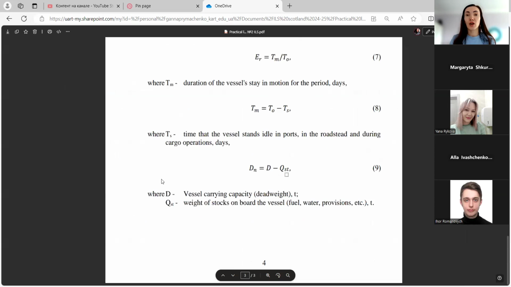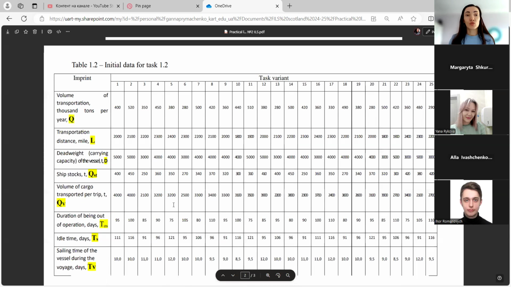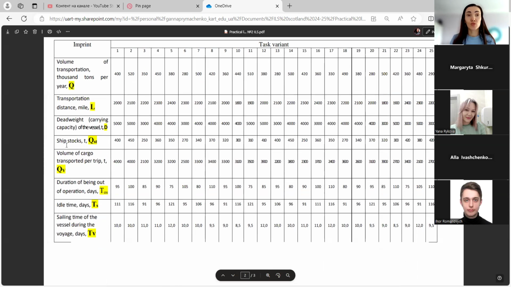Subtracted, find our formula 9, subtracted or minus, and we use such a parameter as Q with index st. What does it mean? Find it. It is the weight of stocks on board the vessels. What can it be? It is foods, water, provisions, etc. Also in tons, and we can find it in our table 1.2. Find ship stocks.